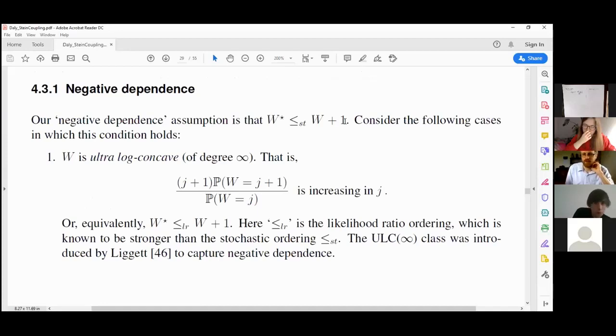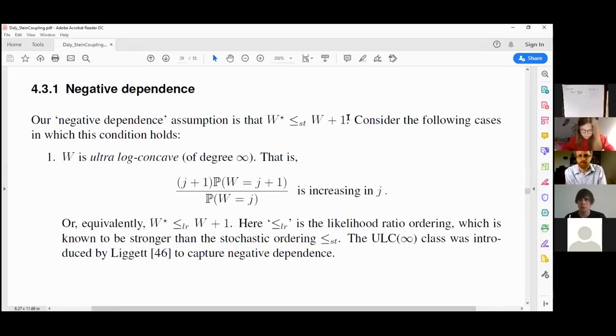Okay, that turns out to be a useful assumption, in that what it does is capture some ideas that are related to negative dependence.